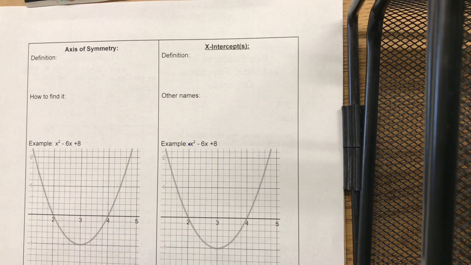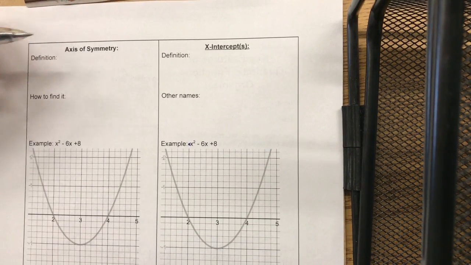All right, on the back of your paper, let's talk about axis of symmetry. So, think about the word axis. We know this is our x-axis, and our y-axis is vertical. So an axis is like a straight line.